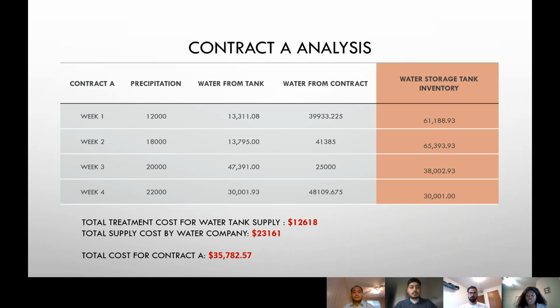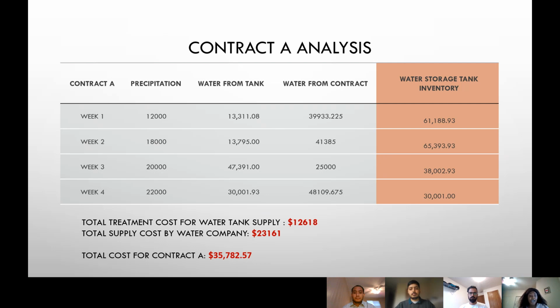Based on the 2 contracts and the costs and constraints attached to each of the contracts, we calculated the water that will be required from the tank and from the company, while trying to minimize the overall cost for the company using both of the contracts.